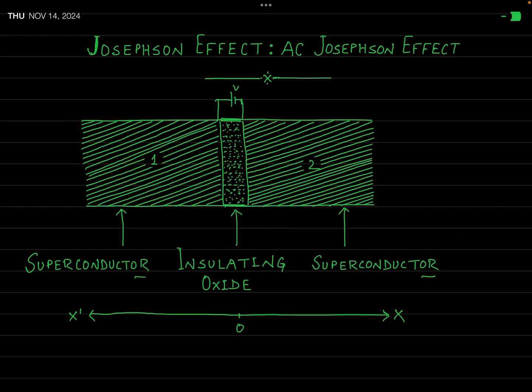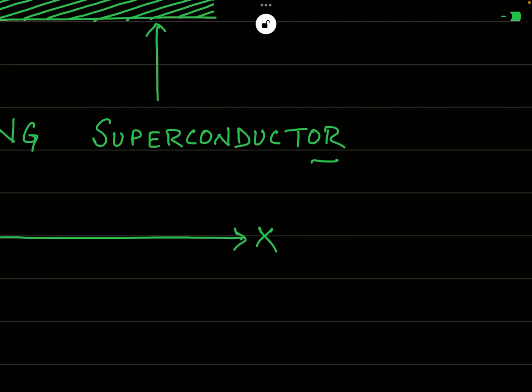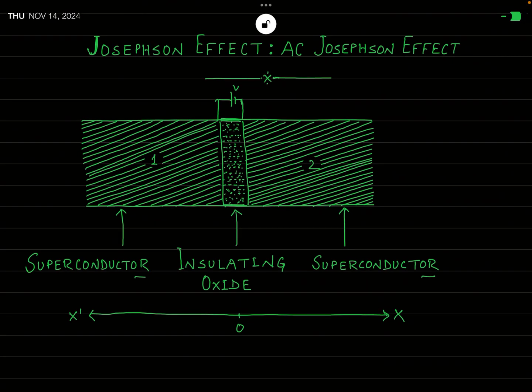Actually, it is seen that the current which flows in this case, which is of alternating or oscillating nature, has a frequency nu, and that nu depends on the applied voltage, and it is given by nu equal to 2eV divided by h.